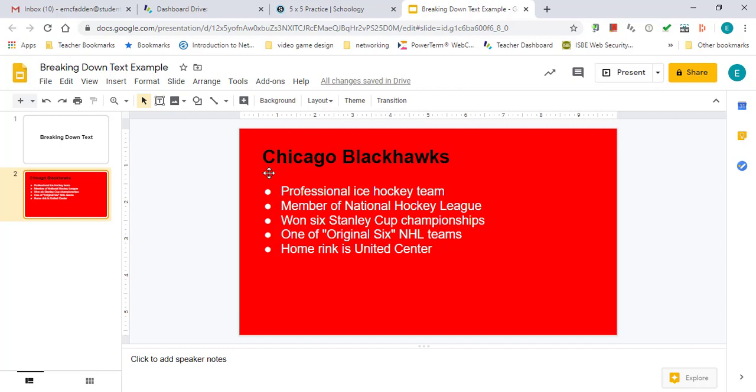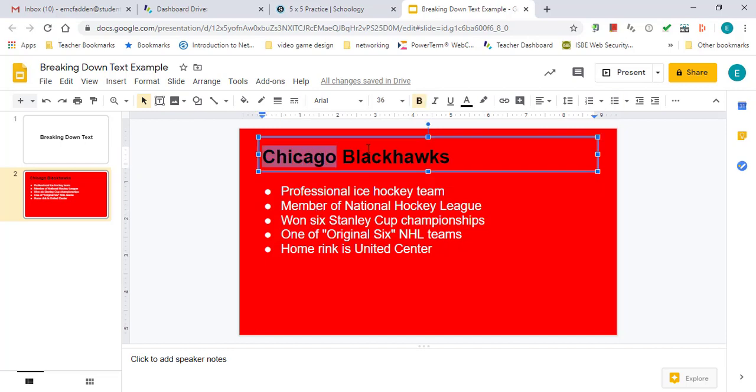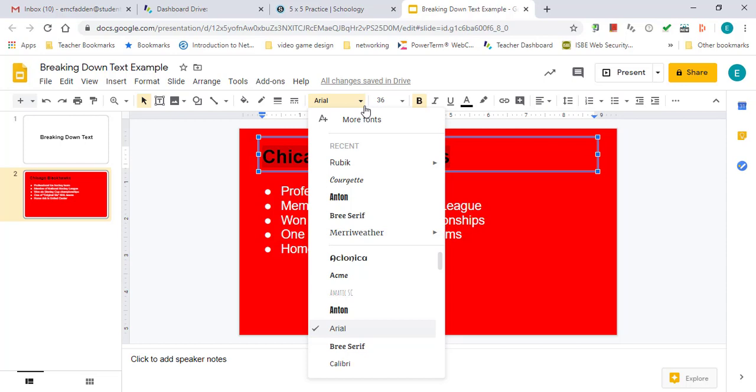and maybe change up my font a little bit. So right now we're using the same font in both places here. I'm going to go ahead and select my Blackhawks and maybe find something that's a little more interesting than Arial.